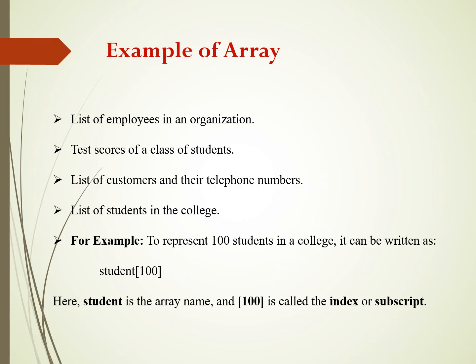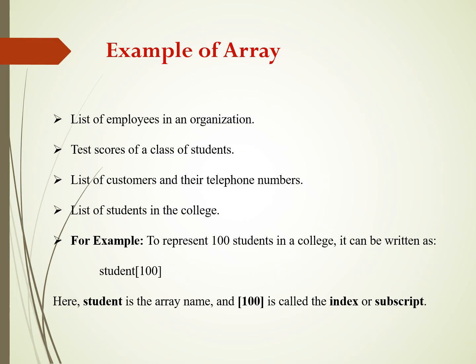The value written inside the square brackets is called an index or a subscript. The index is used to access individual elements of the array. It is important to remember that in the C programming language, array indexing always starts from 0. So in an array declared as student[100], the first element is stored at student[0], the second element is stored at student[1], and the last element is stored at student[99].